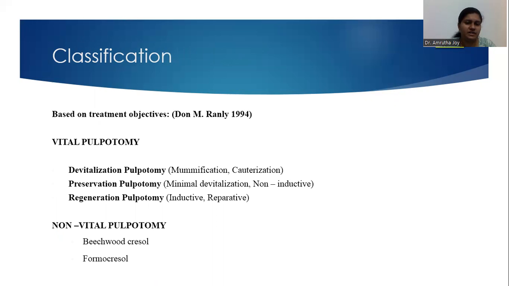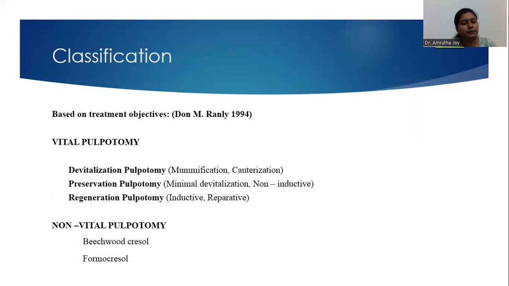Coming to classification, based on treatment objective, pulpotomy is classified into vital pulpotomy and non-vital pulpotomy. Vital pulpotomy is again divided into different techniques: devitalization pulpotomy, also known as mummification or cauterization pulpotomy; then preservation pulpotomy, that is minimal devitalization and non-inductive type of pulpotomy; and regeneration pulpotomy, which is inductive, also known as reparative pulpotomy.